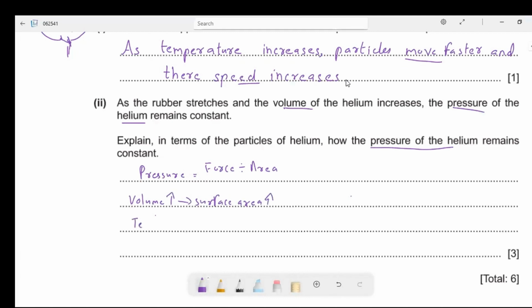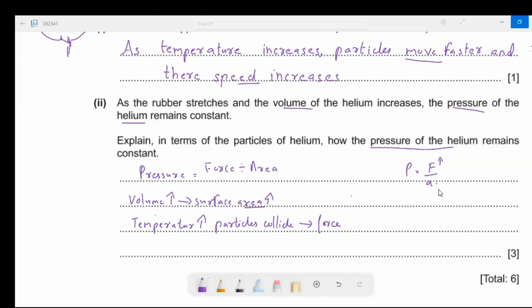And as temperature rises, temperature is more. The particles collide harder and with more force. There is a greater momentum, so more force will be there. Particles collide and force is more. Here area is more. We can see P is equal to F by A. Here force is increasing, and area also increases.